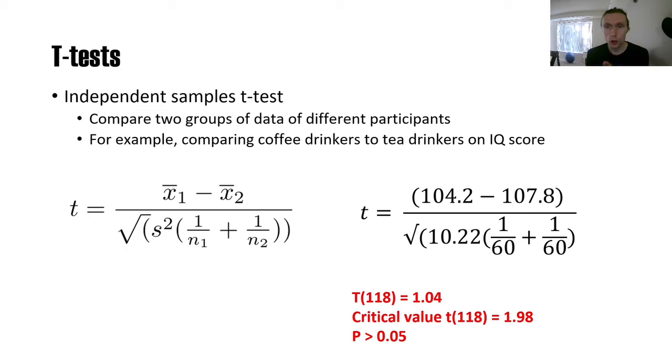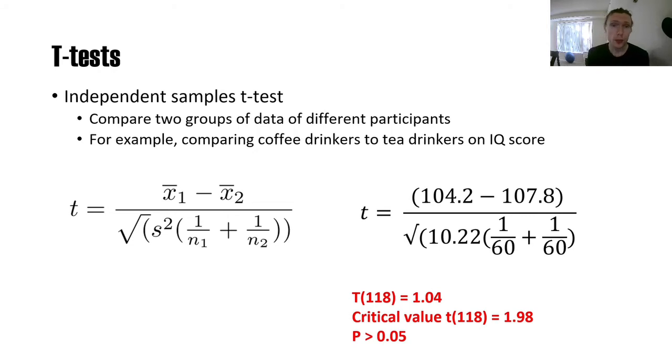Tea drinkers, although their mean is a little bit higher than that of coffee drinkers, that difference is probably just on chance level. And the chance of that happening is larger than 5%, so that's why we say there's no significant difference between those two groups, because this could just happen by chance.